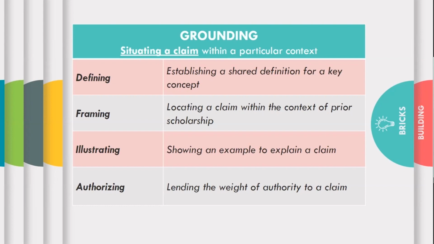You have grounding, which is you not only define, you give an example, you authorize a certain claim, you frame certain things, which means you narrow it down. Now, forwarding happens when you borrow multiple research papers. That happens at graduate studies level. Make sense? That's why they overlap in research papers. The introduction will definitely have grounding. The literature review will have grounding and forwarding both.